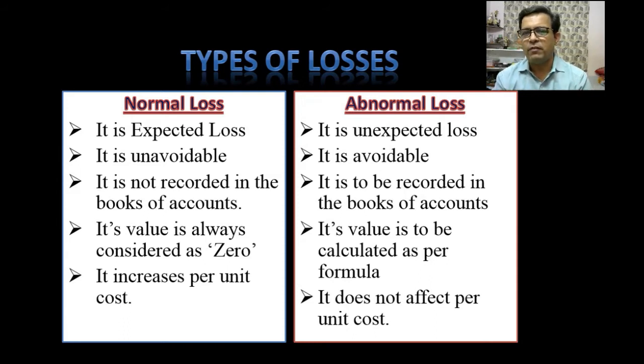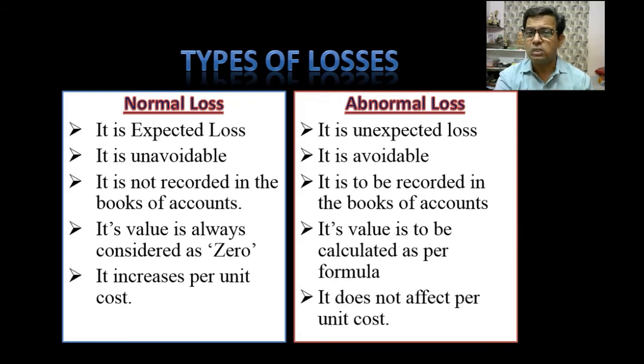Likewise, if we have a look at an abnormal loss, you will realize that it is exactly the opposite of normal loss. Let's look at the first point. Normal loss is expected. Abnormal is obviously unexpected. Suddenly a loss comes in. The next one: if a normal loss is unavoidable, abnormal loss is always avoidable.